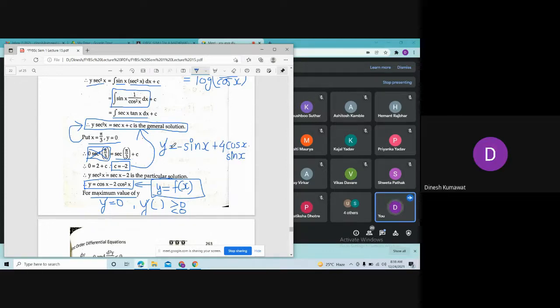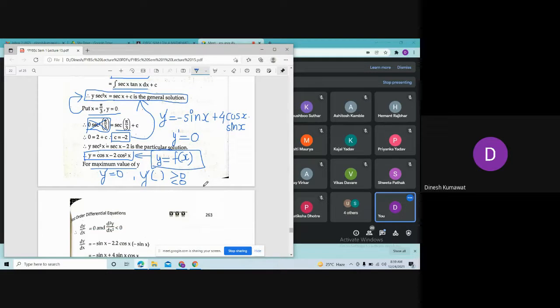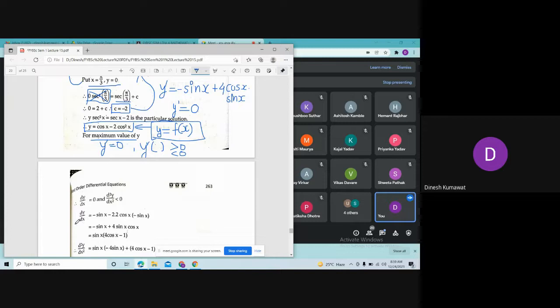So this is our y prime x. Now you equate this y prime with 0 and tell me what is the value of x. Okay, so this is the derivative.